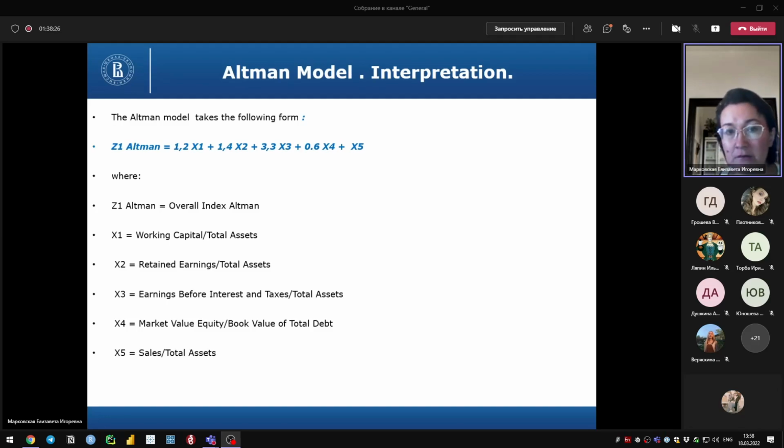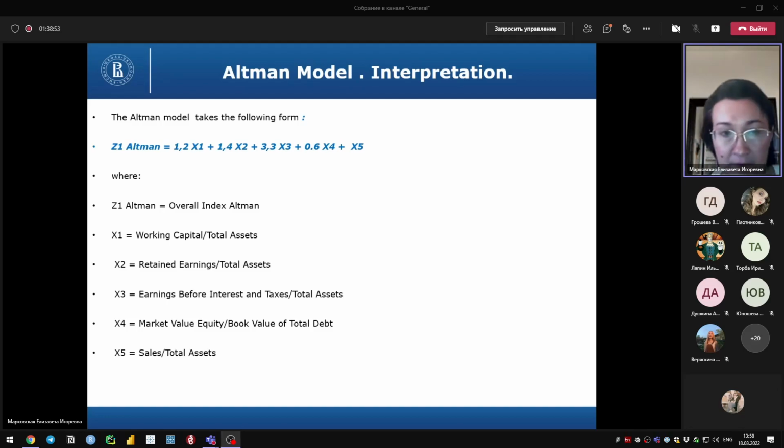So, of course, I'd like to tell you briefly about these models, and a detailed description you may find in the special literature, where you may read in detail the interpretation of these models.